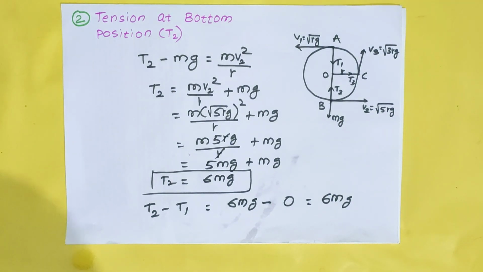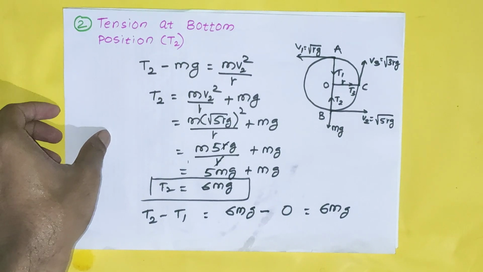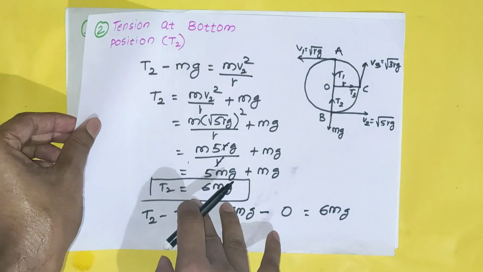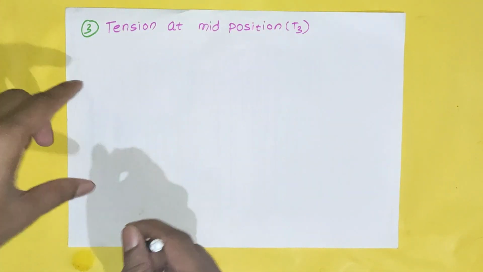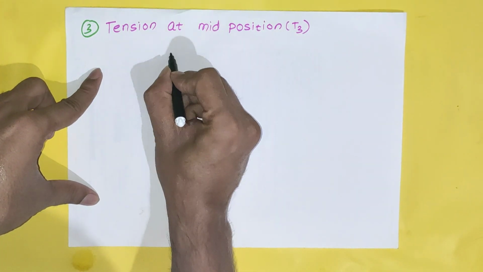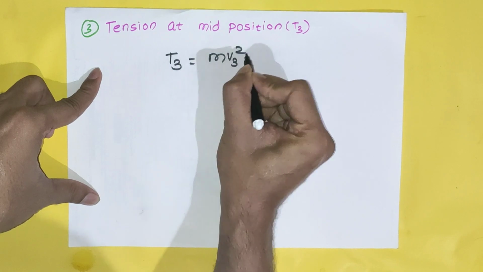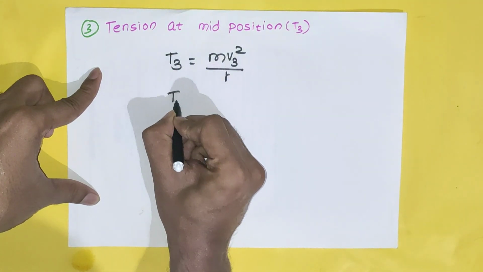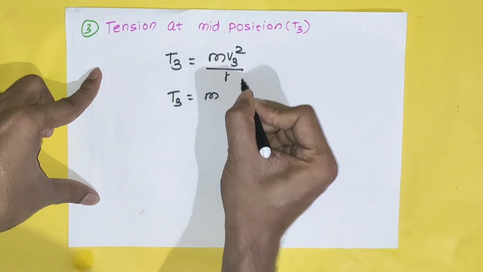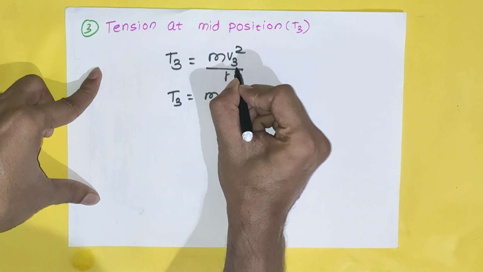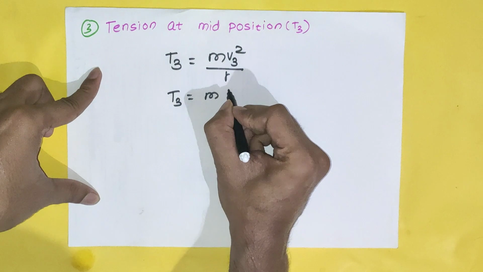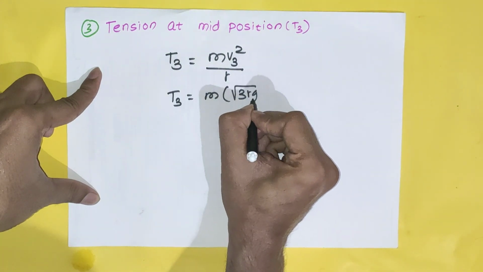So now we have to find the tension at mid position. We will use a similar diagram. Now here the tension T3 is balanced by centripetal force. So T3 is equal to m, and the value of v3 in case of vertical circular motion is root 3 Rg.